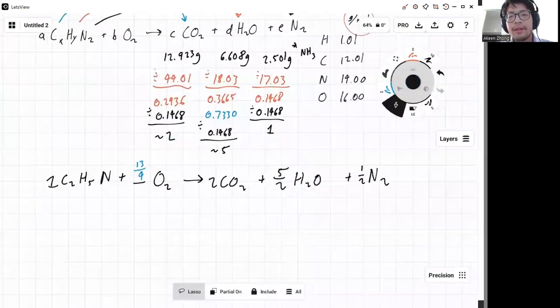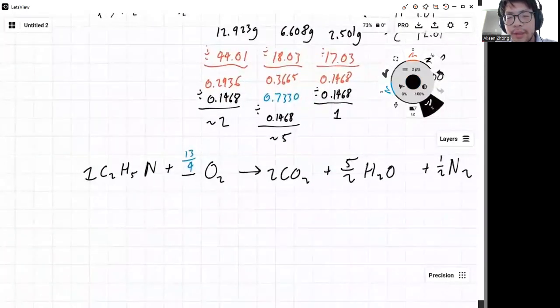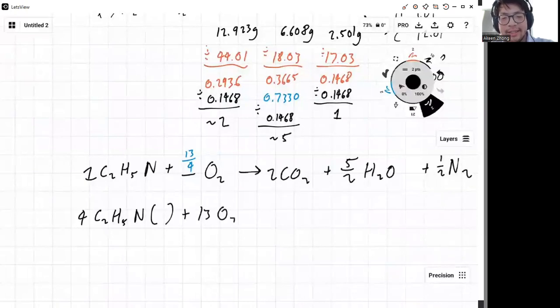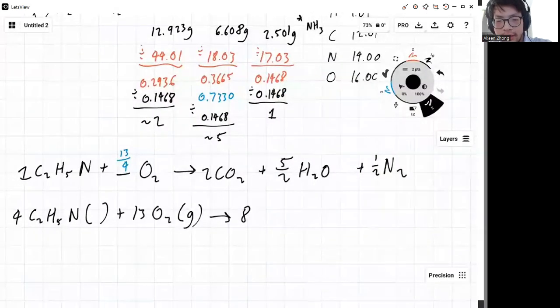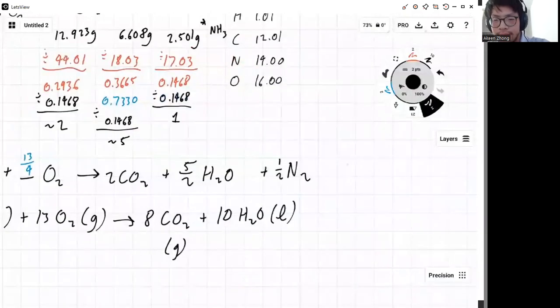Now that we have this, we can balance the equation properly by multiplying them by the highest denominator, in this case 4. So we'll end up with 4 C2H5N, some for oxygen, 8 carbon dioxides, 10 waters, and 2 nitrogens.